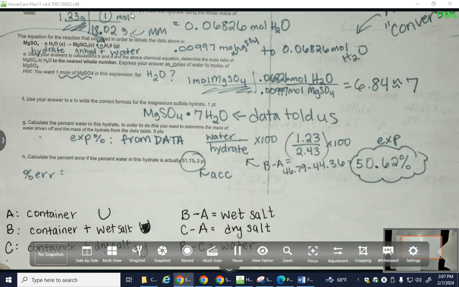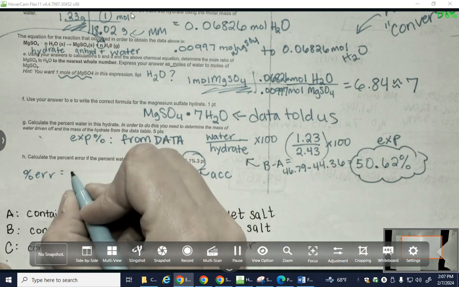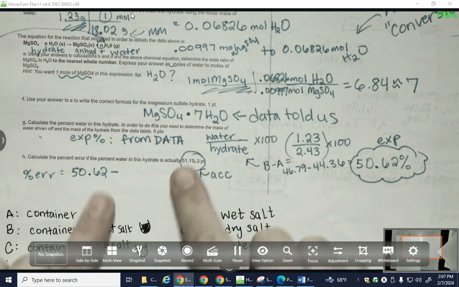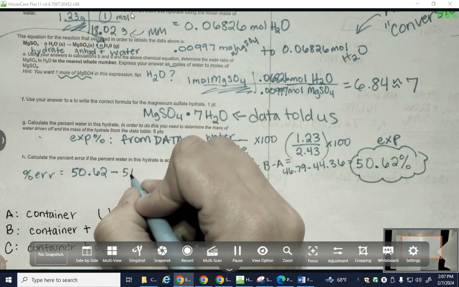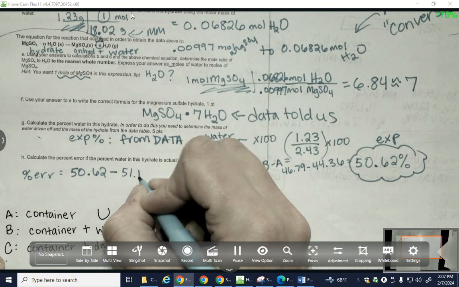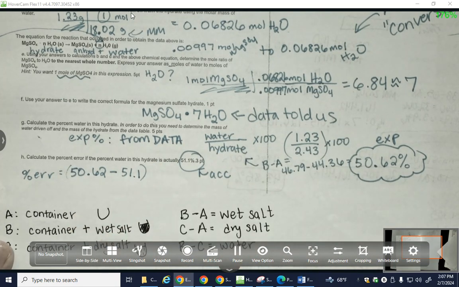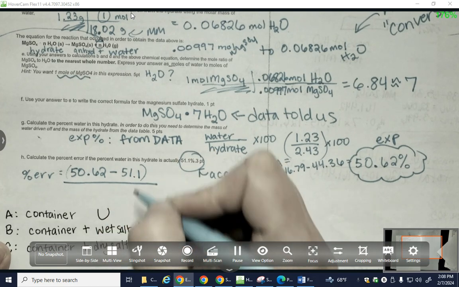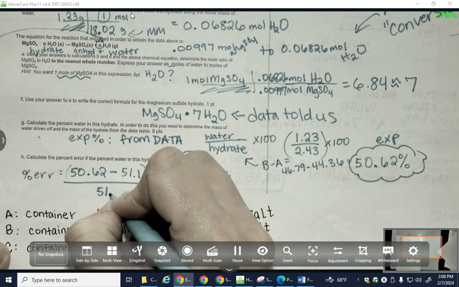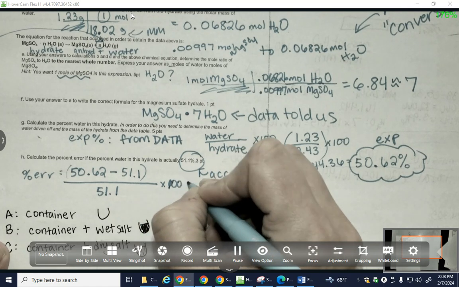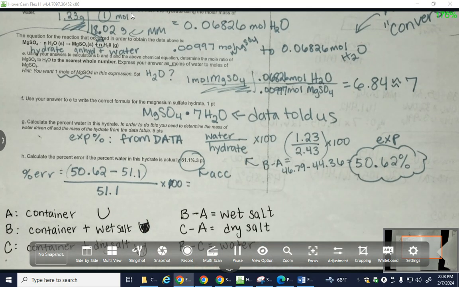So experimental, I had 50.62. My accepted is 51.1. I'm going to subtract those first, or put parentheses around them, and then divide by 51.1, and then multiply that answer by 100 to get a percent. And then that's it.